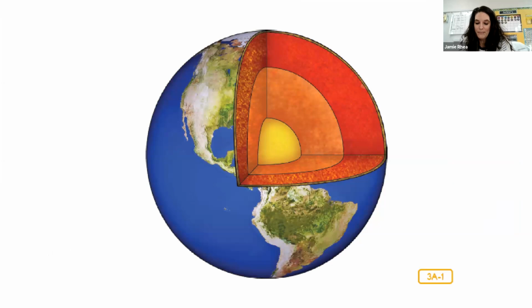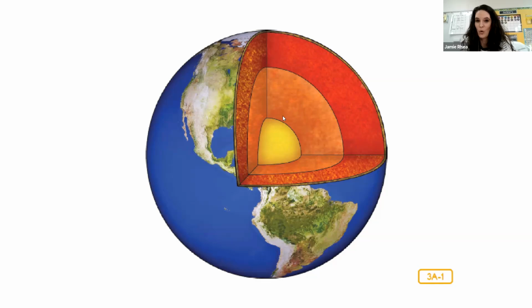Using the diagram that we see here, let's name the layers of the Earth, okay? Let's see if we can do this. We have the crust, little tiny thin layer. We have the mantle, big, thick, orangish, reddish looking part. We have the outer core, that's the more orangey one.